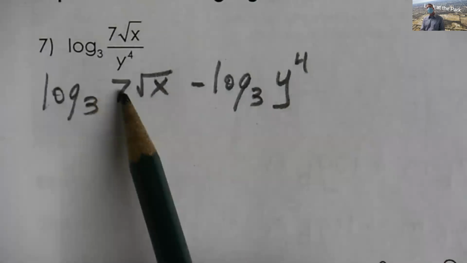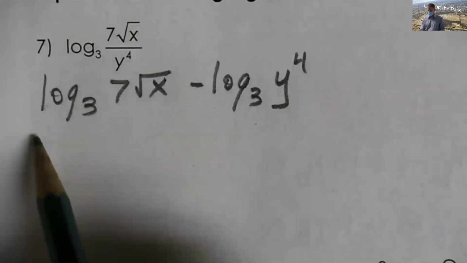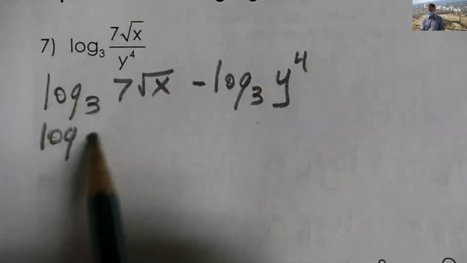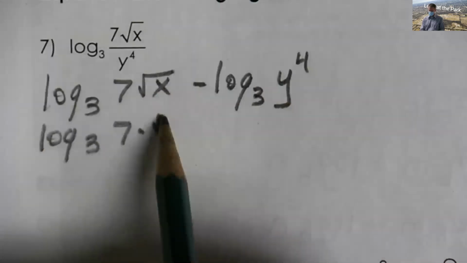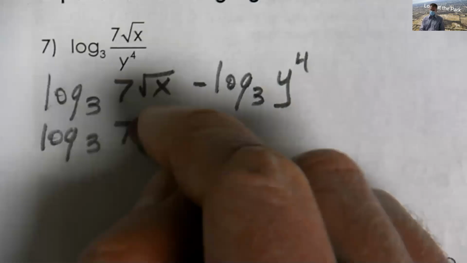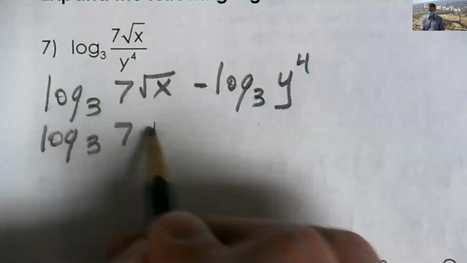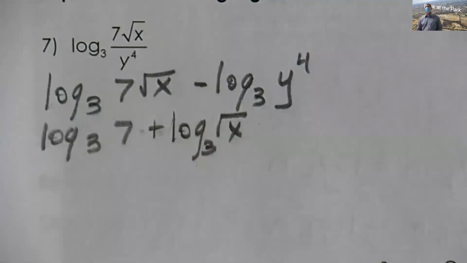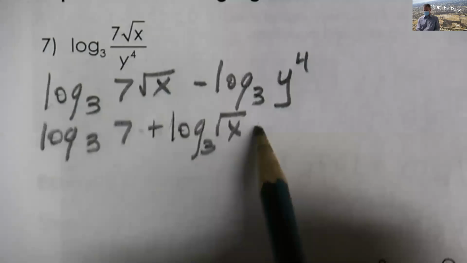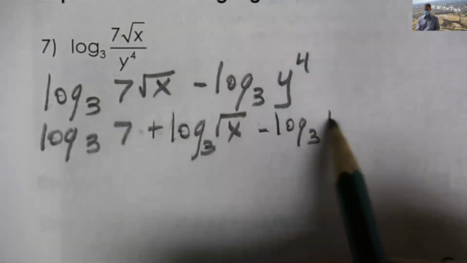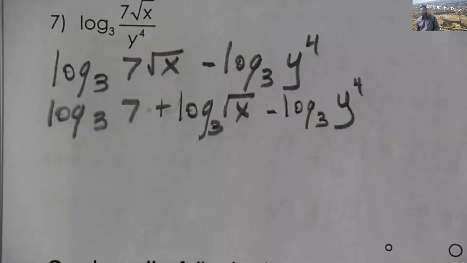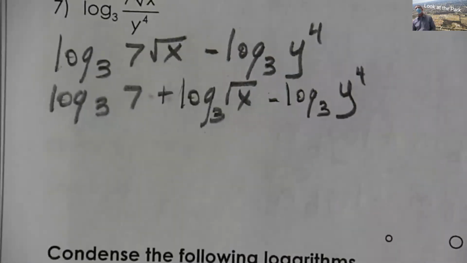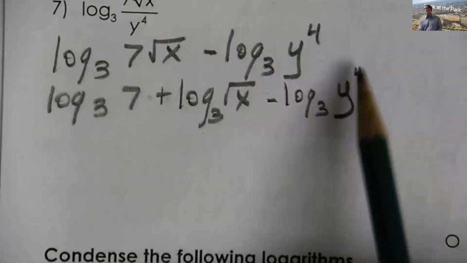Now here with the 7 square root x, we can break that apart into multiplication. Well, it's already multiplication, so I won't show it as multiplication. I'll show it as addition. Then we have the minus log base 3 of y to the 4th. So from this point, we still have our exponent.